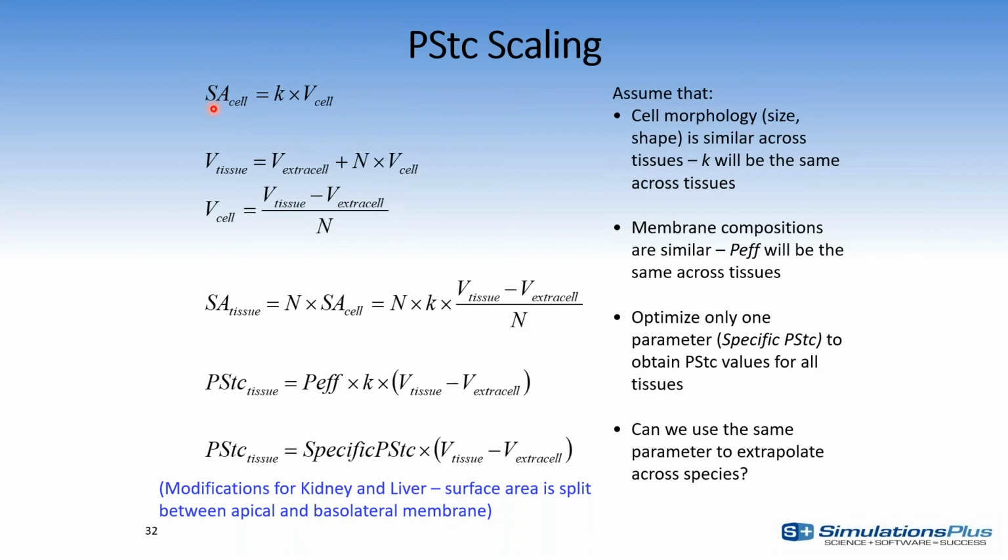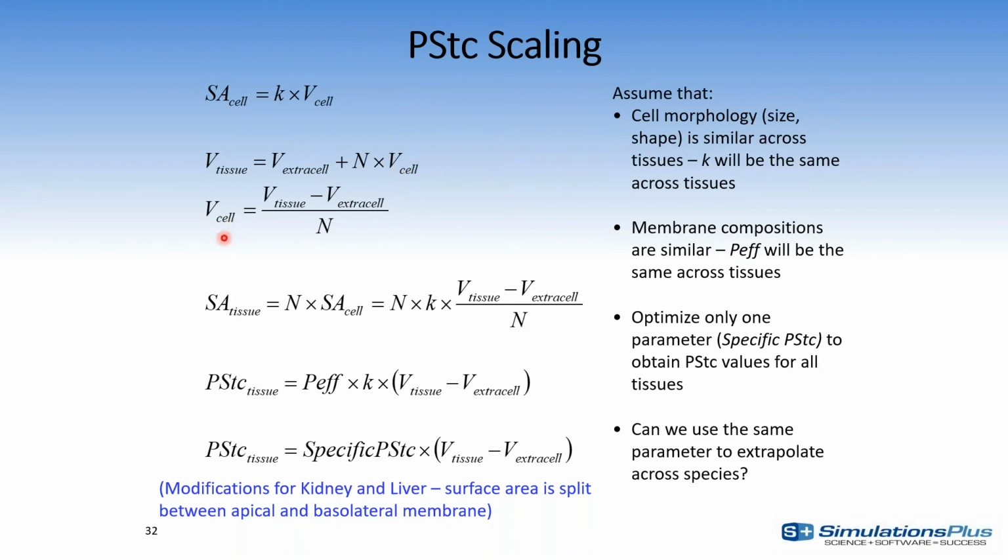So we'll have the surface area of the cell equals K, a prefactor, times the volume of the cell. The tissue volume will be equal to the extracellular space volume plus N, the number of cells in that tissue, times the volume of each individual cell.